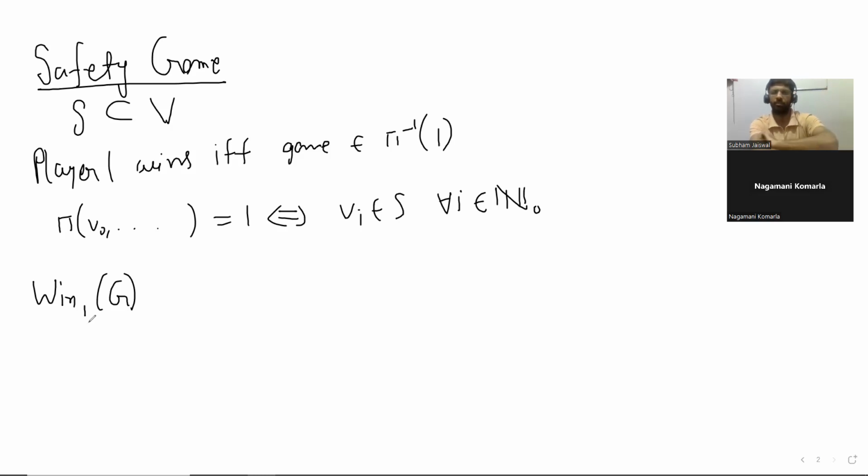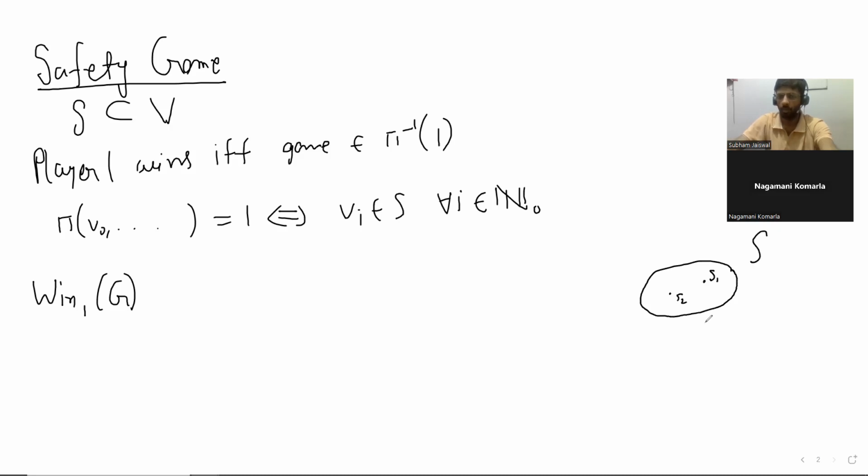So is it just S? It's not even clear that it will be S, right? You can take an example. Suppose that this is in S, and this is in S. S itself may not be a safe set.